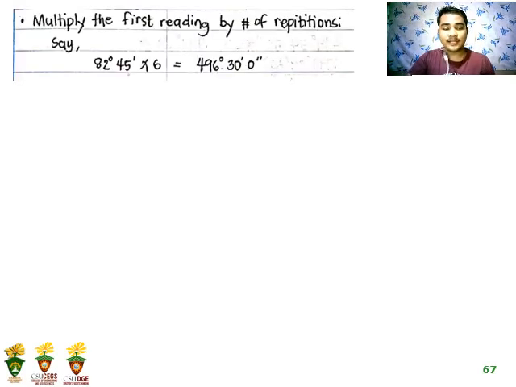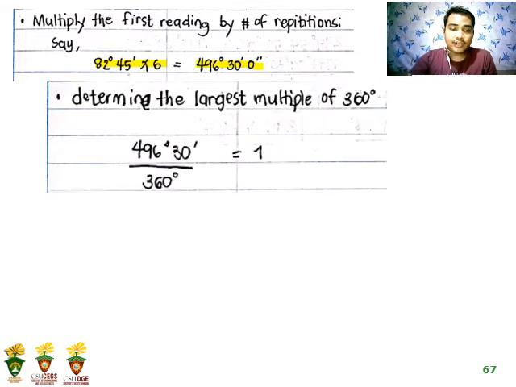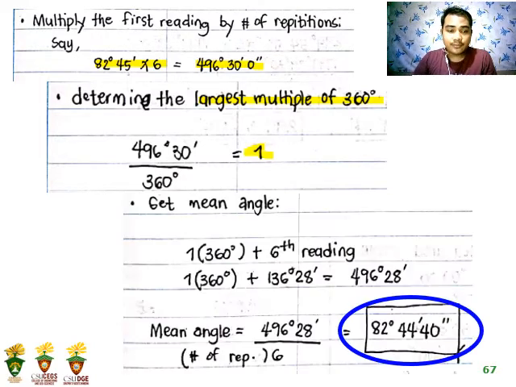So to understand, let's go back. To simplify, this is the procedure. First, multiply the first reading by the number of repetitions. So 82.45 times 6 gives 496.30. After that, determine the largest multiple of 360. Divide 496 by 360, so we have one. Afterwards, get the mean angle: multiply the greatest multiple of 360 by 360, plus the 6th reading.